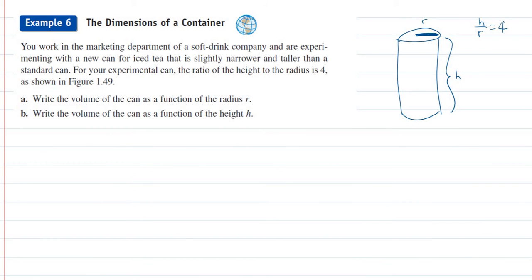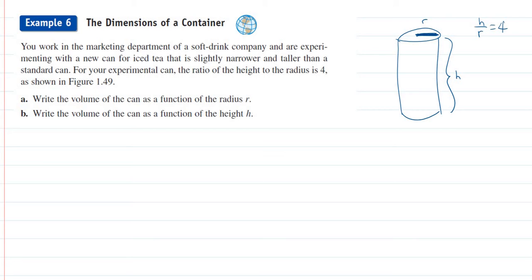Okay, example 6. You work in the marketing department of a soft drink company and are experimenting with a new can for iced tea that is slightly narrower and taller than a standard can. So imagine the LaCroix skinny cans. For your experimental can, the ratio of the height to the radius is 4, as shown in figure 1.4, which I redrew over here.